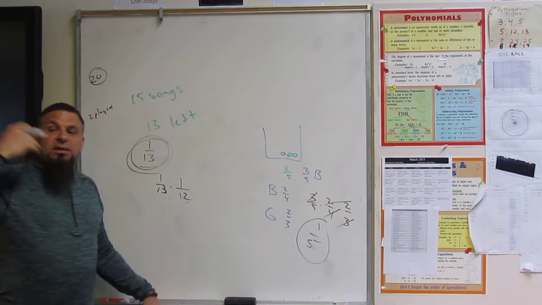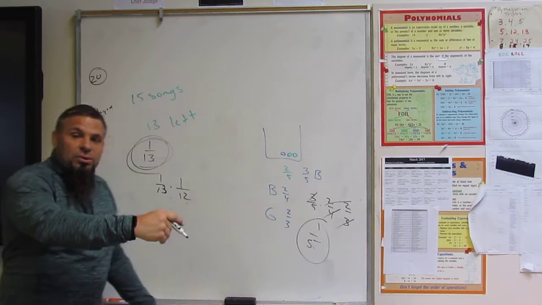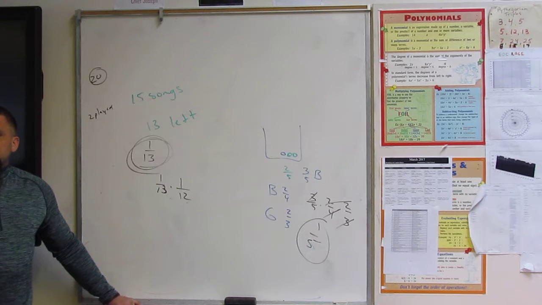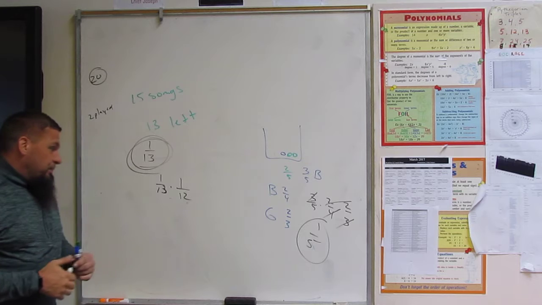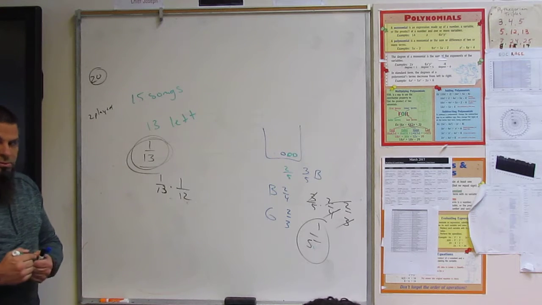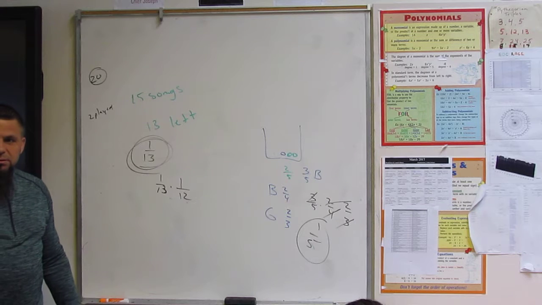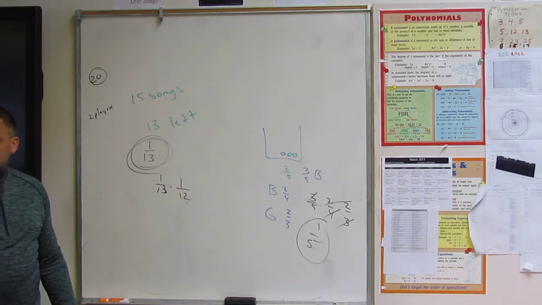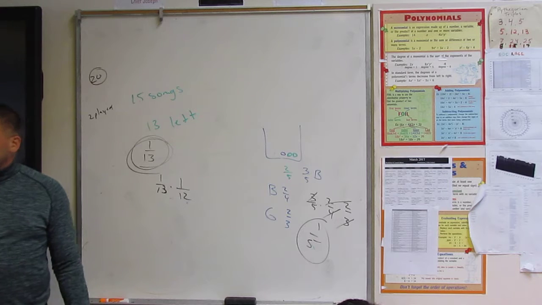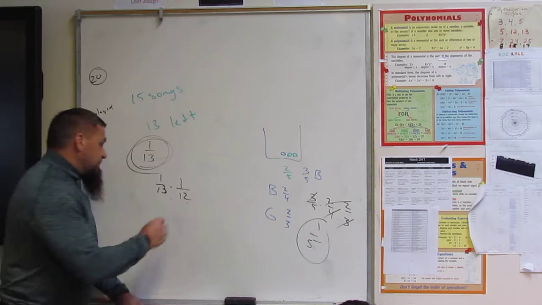Because you're playing them in order, you have to multiply the probabilities. So the answer should be 12 times 13, which is 156, because 12 times 12 is 144, plus 12 is 156.